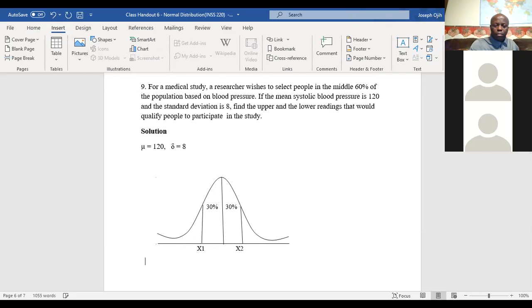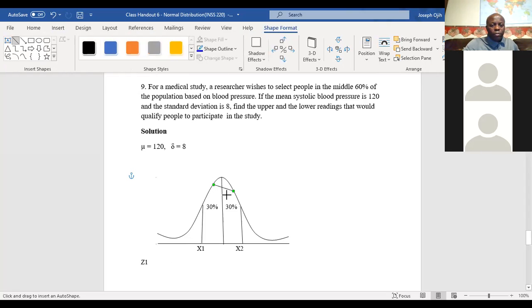So that means we need to find Z1 and Z2. So the middle 60%, when you shade it, it's going to be this form, because that is what we're looking for.